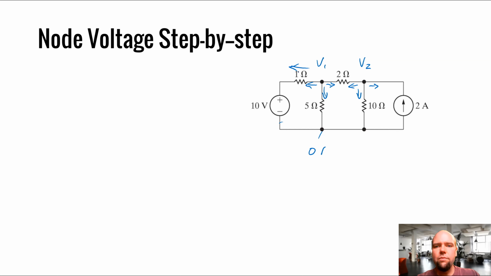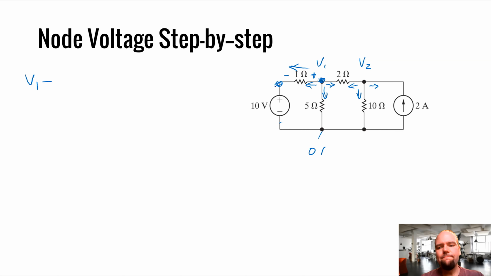Well, by Ohm's law, the current through it is going to be the voltage oriented like this divided by the resistance. So what is the voltage oriented like that? Well, it's going to be the potential on this side minus the potential on this side. So what is that here? Well, the voltage on this side is V1.